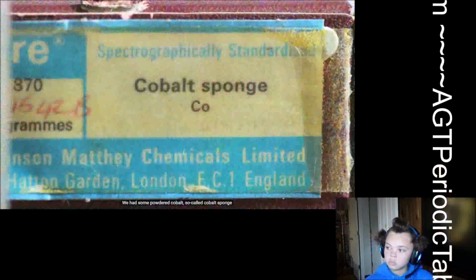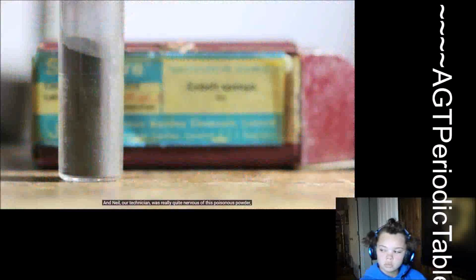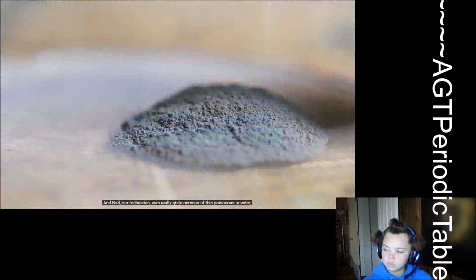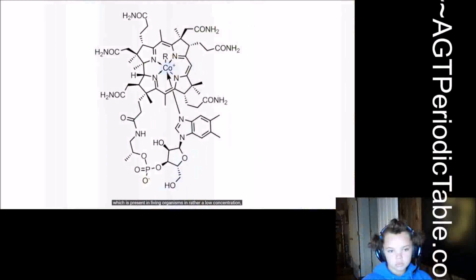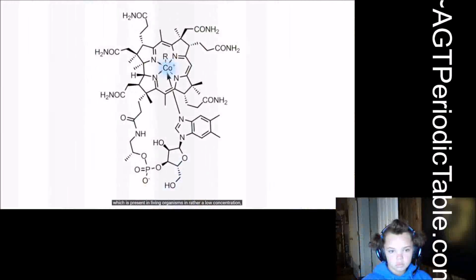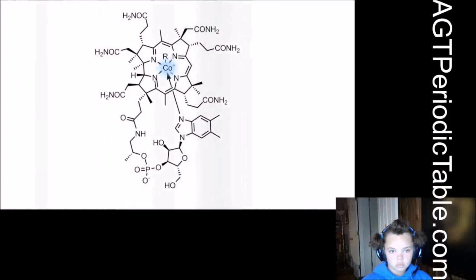Cobalt is also very toxic. We had some powdered cobalt, so-called cobalt sponge, and Neil, our technician, was really quite nervous of this poisonous powder. But cobalt is also vital for life. It occurs in a molecule called vitamin B12, which is present in living organisms in rather a low concentration, but catalyzes a whole series of important biological reactions.